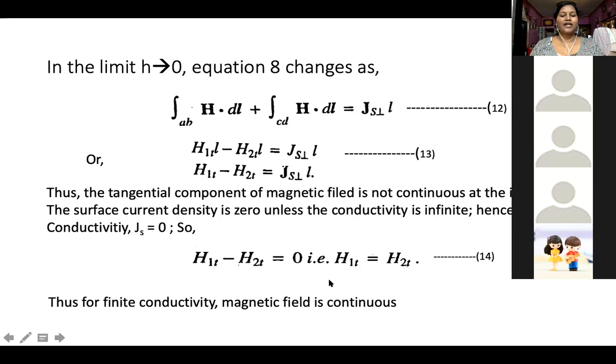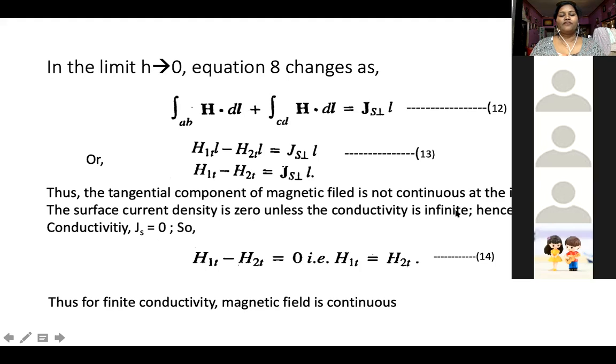What does it imply? The same equation, see, H1 is equal to H2. This is what I told you earlier. If you have the same component in both media 1 and 2, then we call this component a continuous component. But the condition is that the current density is 0 unless the conductivity is infinite.